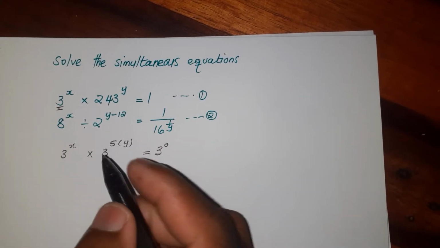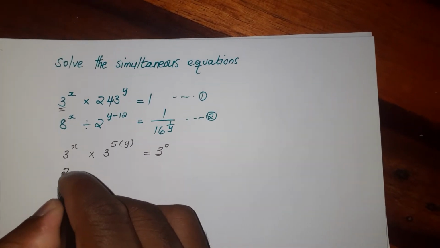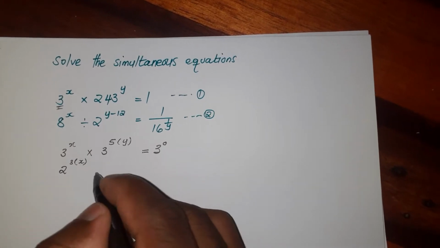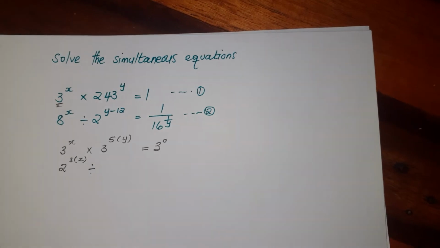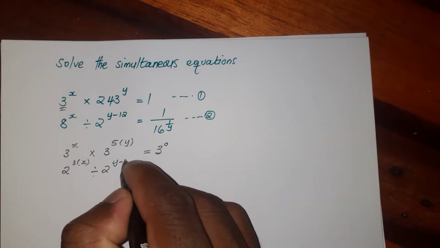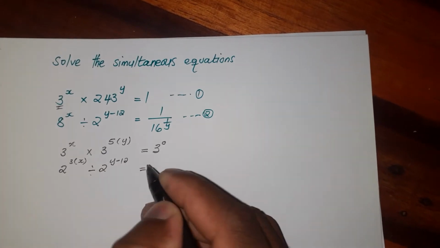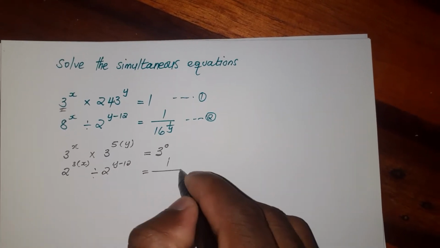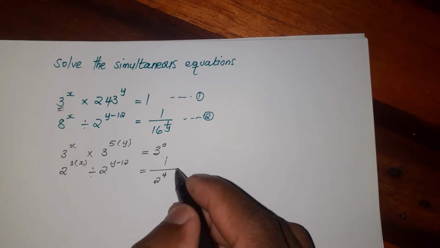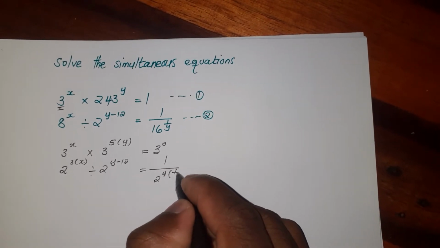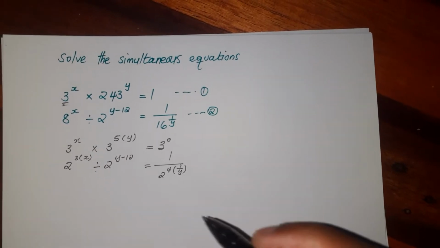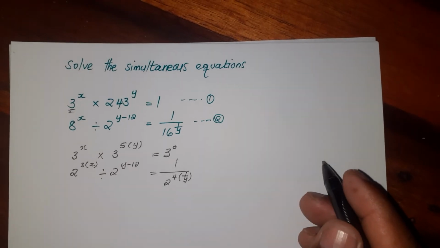Now 8 as a power, we are going to have 2 to the power 3, and then we put the x in brackets, and then we will divide 2 to the power y minus 12 equals 1 over 16. We can write 2 to the power 4, and then brackets 1 over y. This is the first step to do.